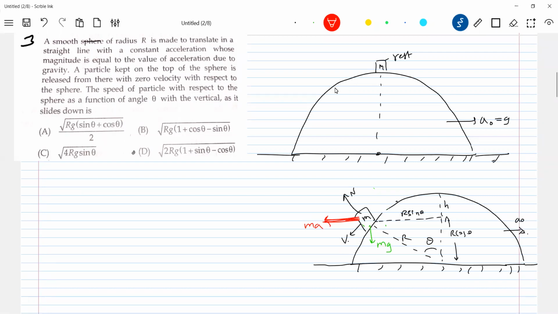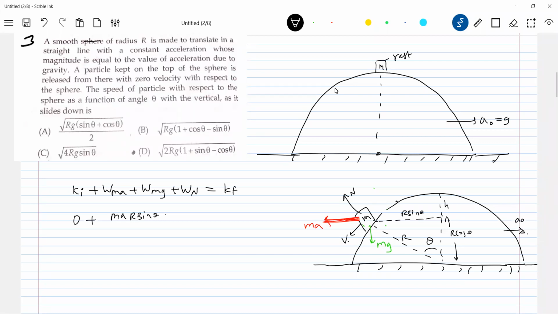So what shall I do? I'll go for the work energy theorem. Initial kinetic energy plus work done by pseudo force, work done by weight, and work done by normal contact equals final kinetic energy. Initially it was at rest. The work done by pseudo force is m a R sine theta, since the pseudo force acts horizontally.